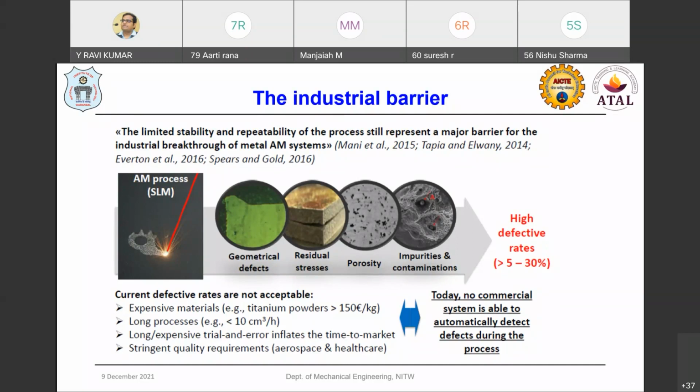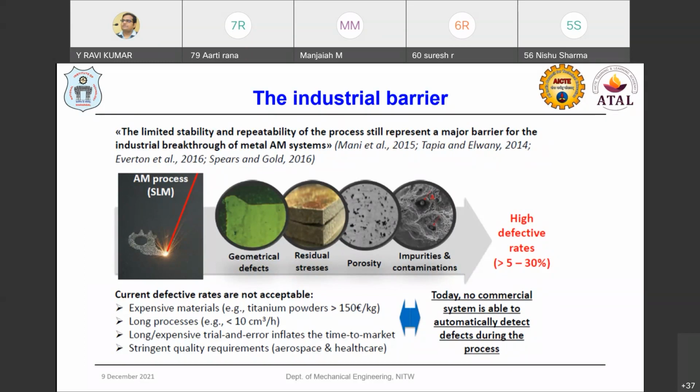And the parts which are made from one process to another process are also not highly comparable, because the quality aspects as well as the defect rate are very high in such cases of parts manufactured from different AM processes.